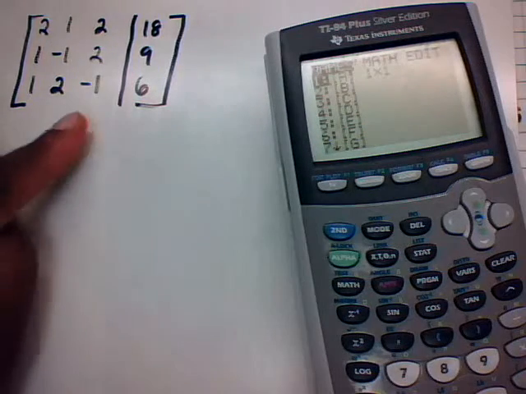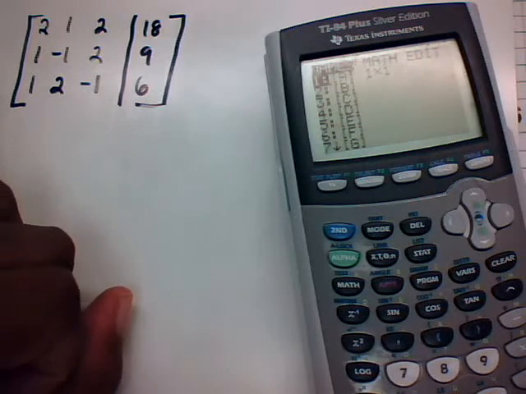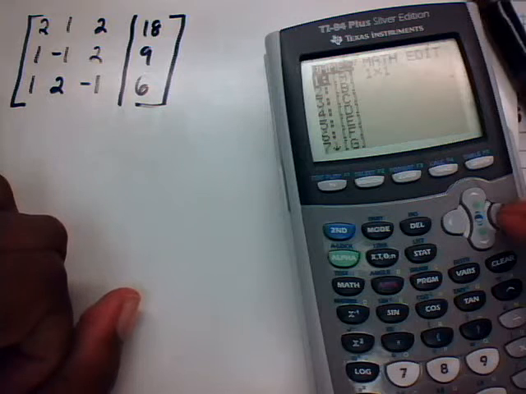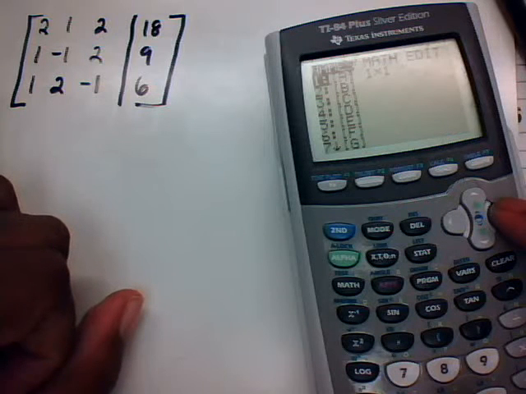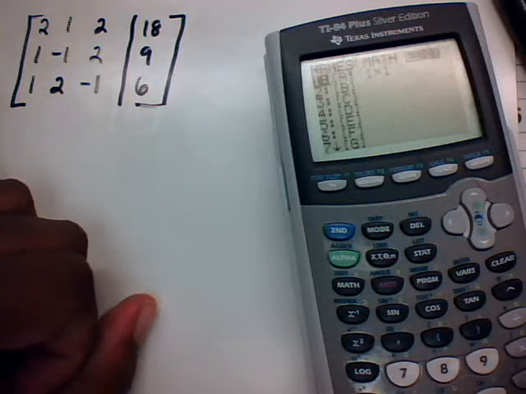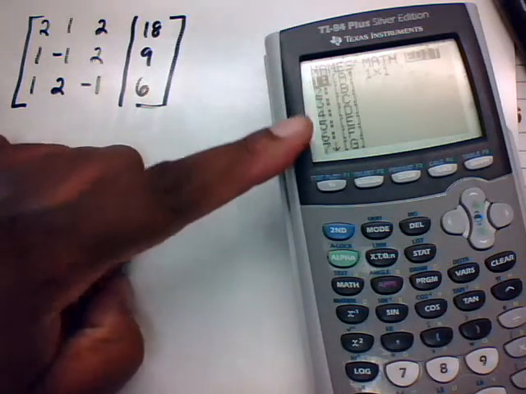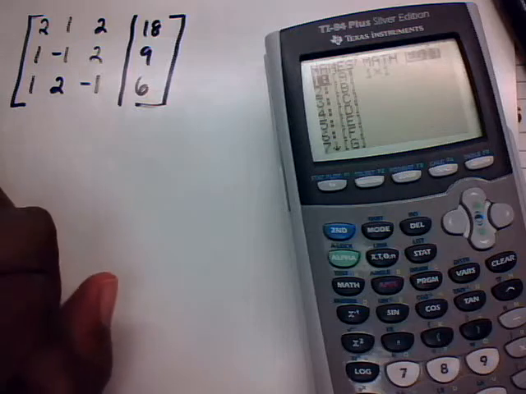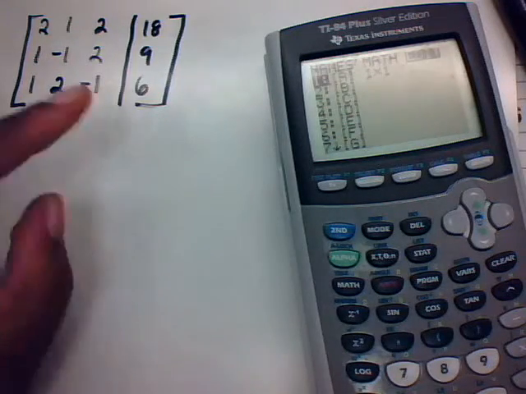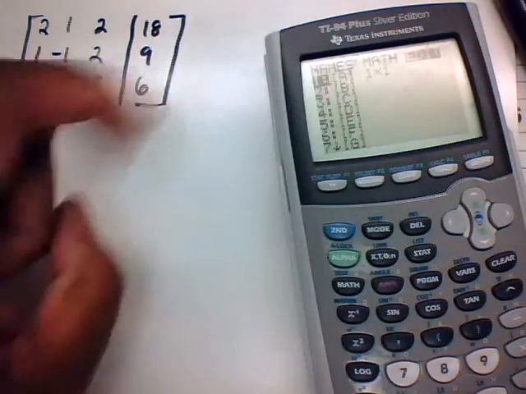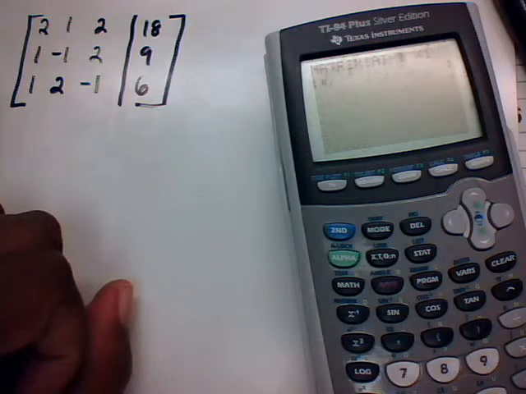We're entering a brand new matrix in this calculator. So what I'm going to do is use my right arrow key to highlight the menu that says edit. And you're going to get these, A, B, C, D, E, F, G, and so on. What I'm going to do is enter this matrix in A. So I'm going to select number 1.